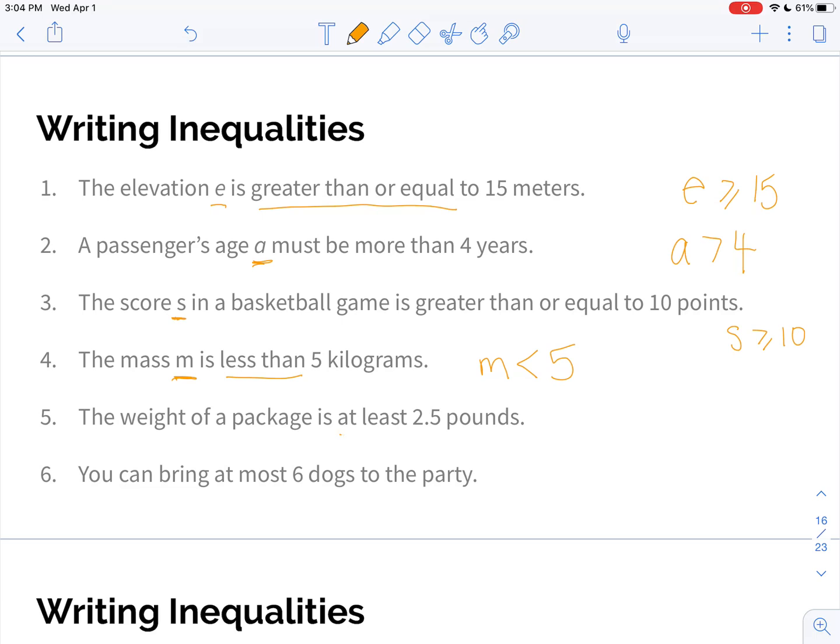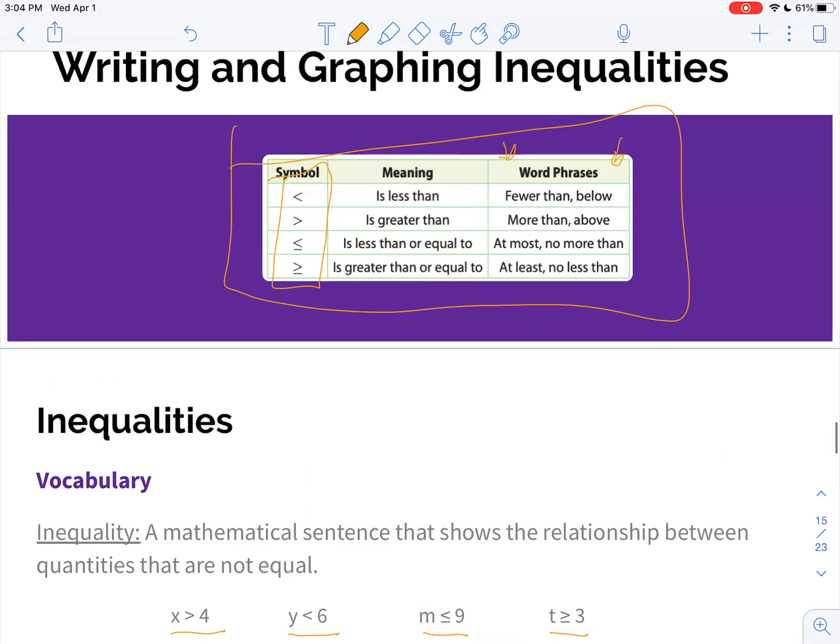Number 5, the weight of the package is at least, we've got to figure out what at least means, 2.5 pounds. They don't give us a variable in this situation, so this is when you come up with your own. We're talking about a weight, so I'm going to say W. And we know that the weight is at least 2.5 pounds.